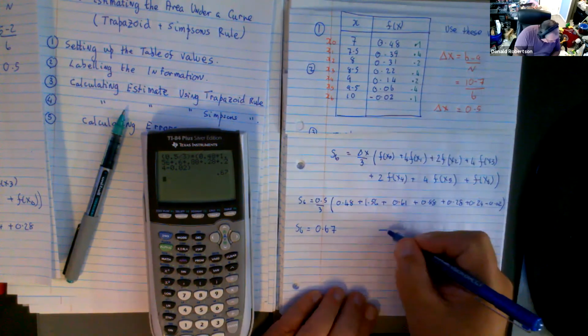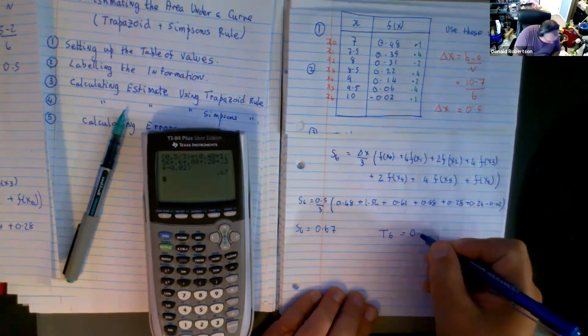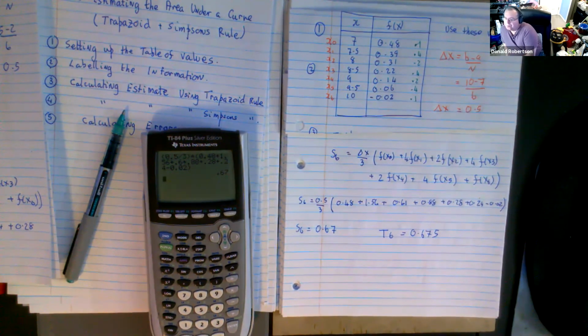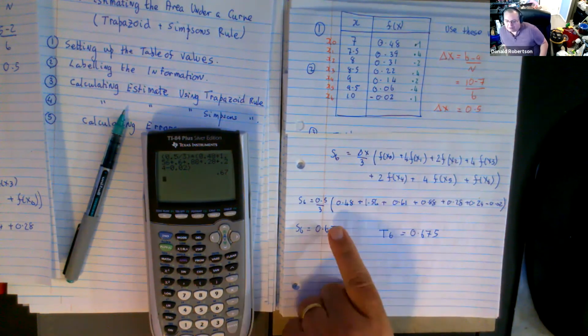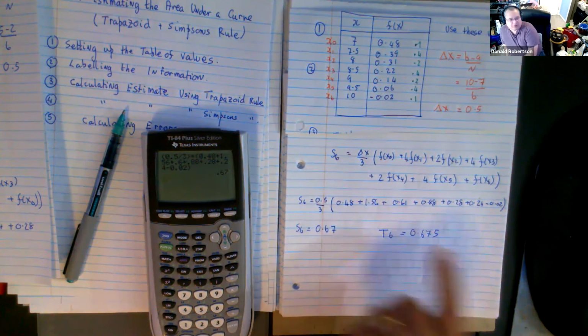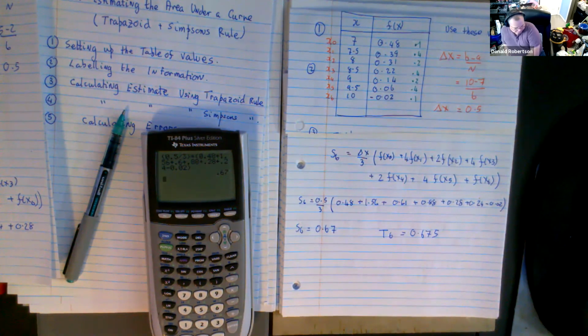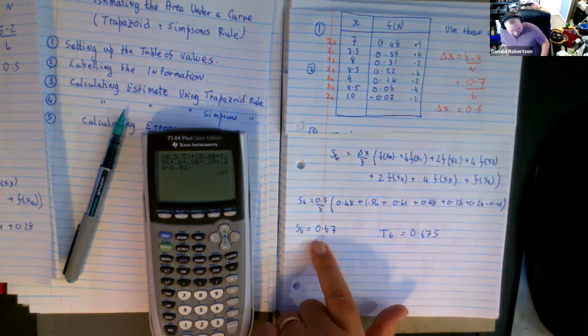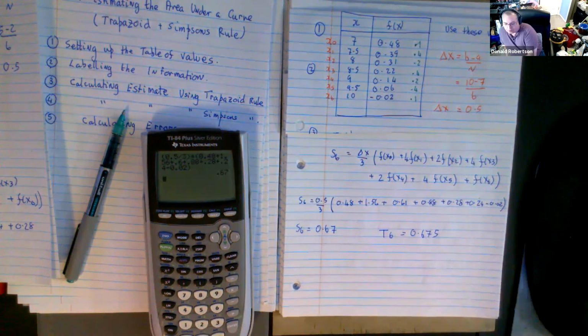I'll put beside it T6. You see they're pretty comparable. Now, I'm not really comparing like with like here. Well, I guess I am. Yeah. It looks to me, would you agree that the answer is probably around about 0.67 something?